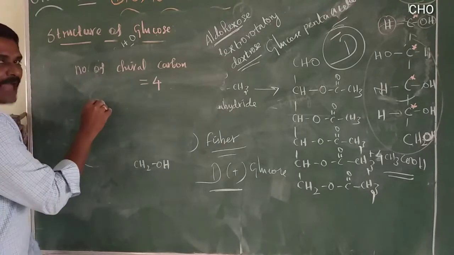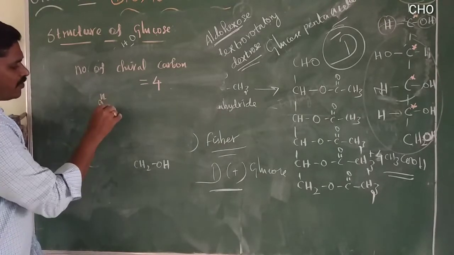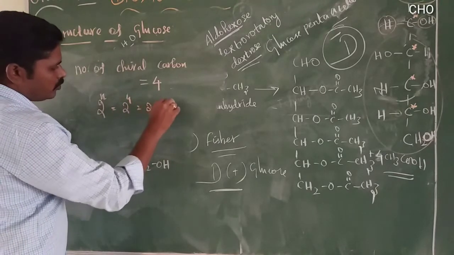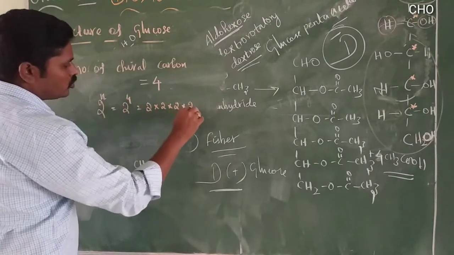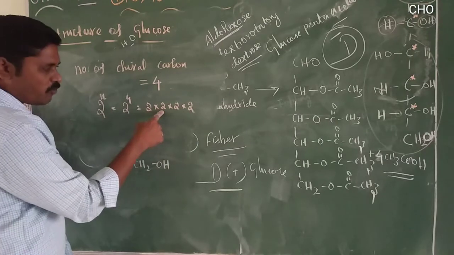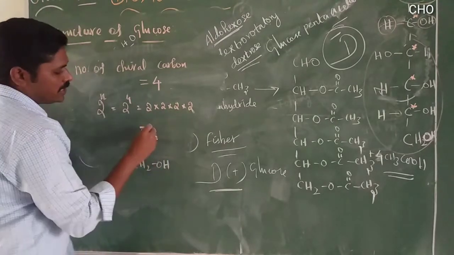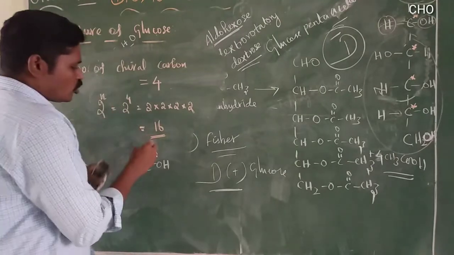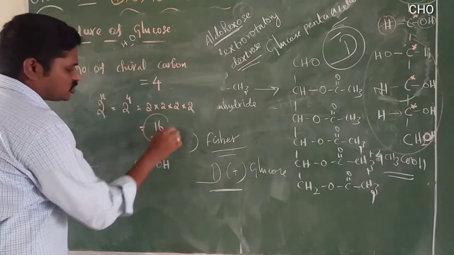The number of optical isomers is 2 power n, so 2 power 4, 2 into 2 into 2 into 2, which is 16. The possible optical isomers of glucose is 16.